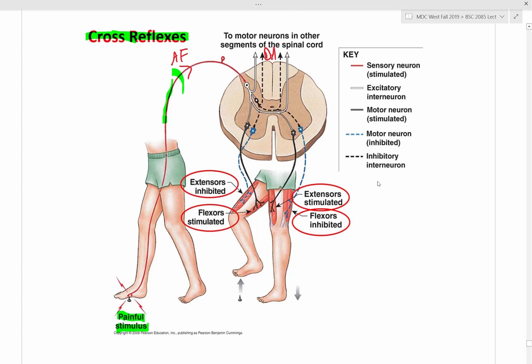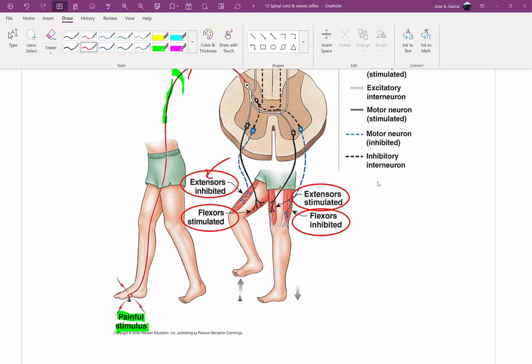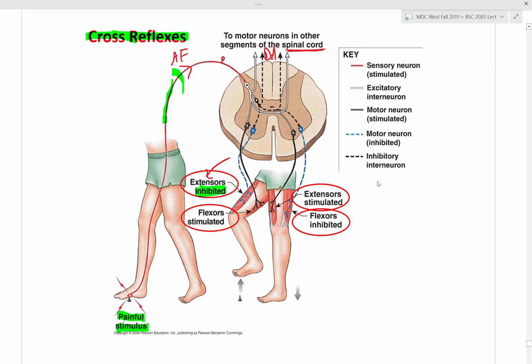So the first one will be inhibiting your extensor. Well, the same motor neuron on the other side will stimulate your flexor, and by flexing, you will have a removal of the foot from the object.